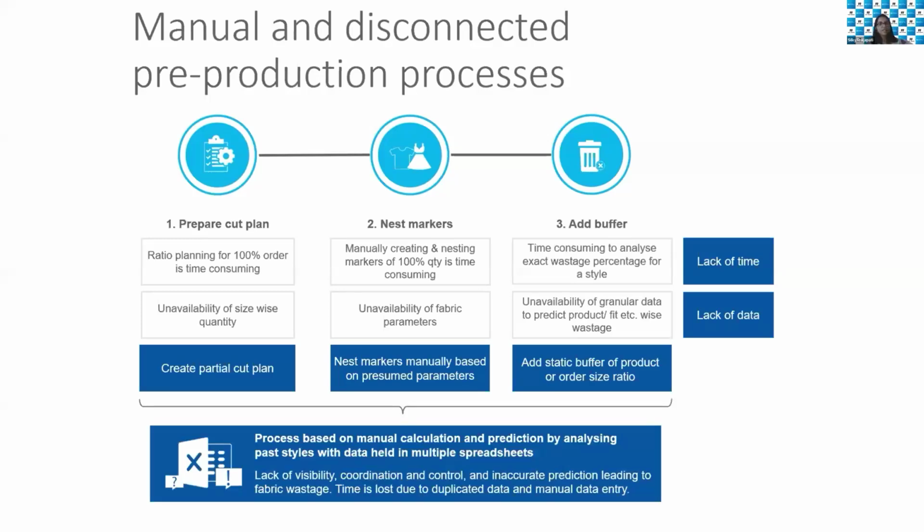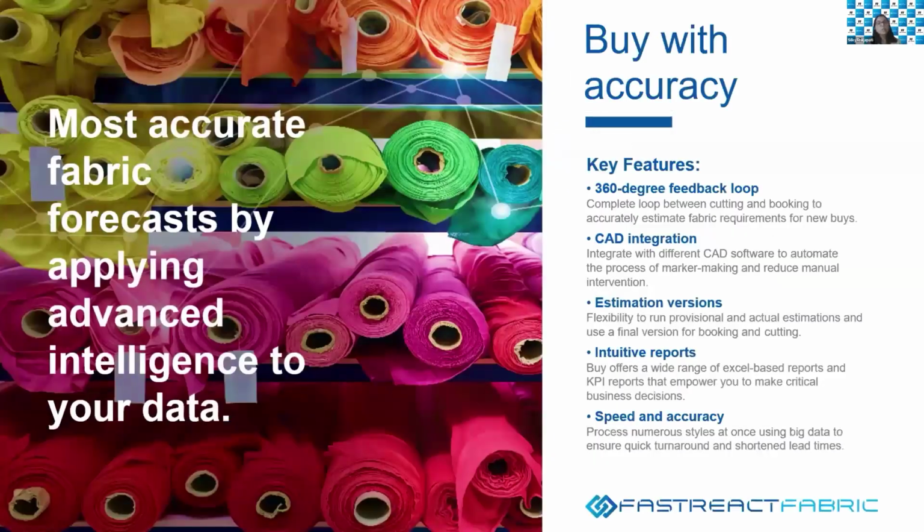So let's go on and try and understand how we help and support the factories in these situations. As we mentioned in the beginning, for us, it was very important when we understood that in silos, buying can never give an accurate prediction of what should be the amount of fabric that you should utilize.